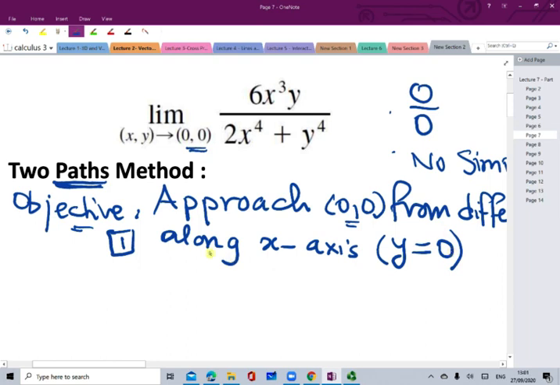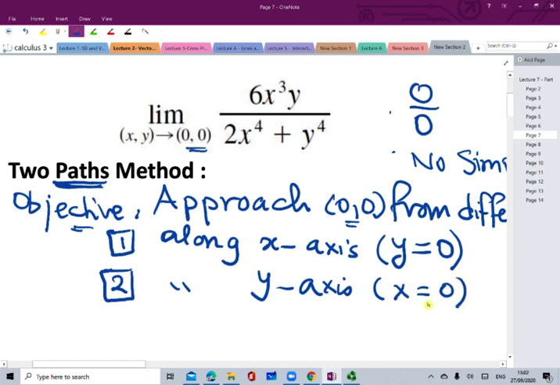Then I can substitute in the function expression of the limit and get a value. This is not the limiting value, because if I took another path like the y-axis, that is x equals 0, it could have a different value. If they have different values, then I'll stop and conclude the limit does not exist.